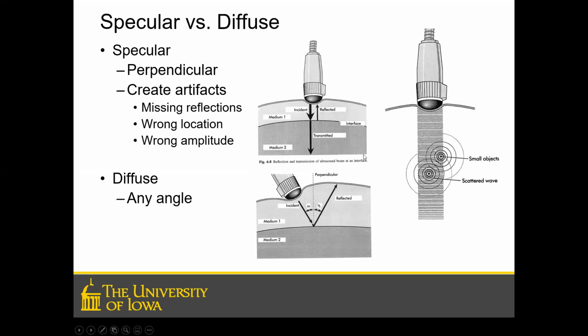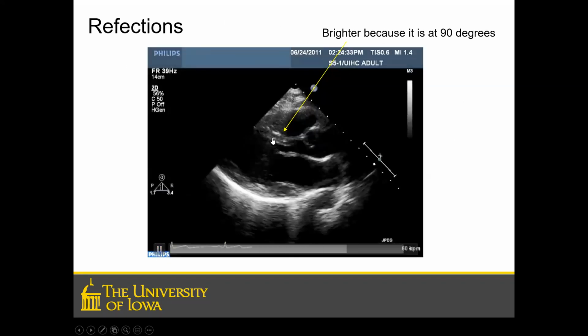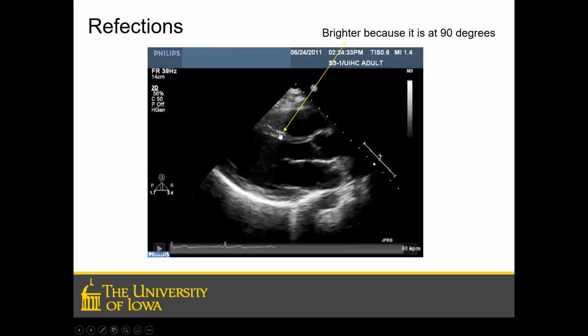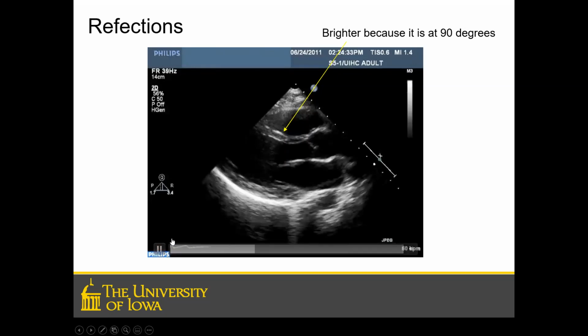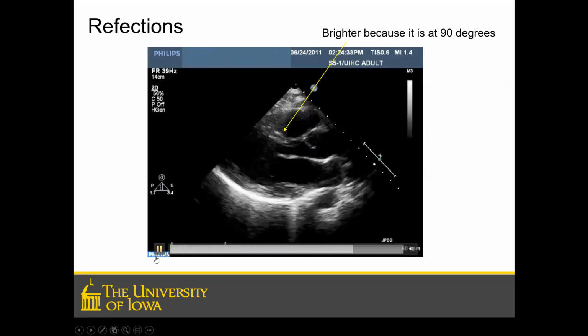As opposed to diffuse reflectors, because of how the reflection is created, you can angle from different ways and it still looks relatively the same. So here's an example of that. If you look at the septum in this region where the arrow's pointing, it looks like the septum is more hyperechoic than it is in any other place in the septum.